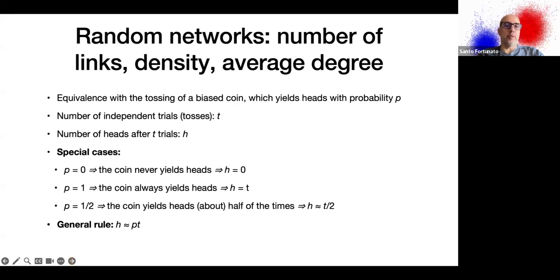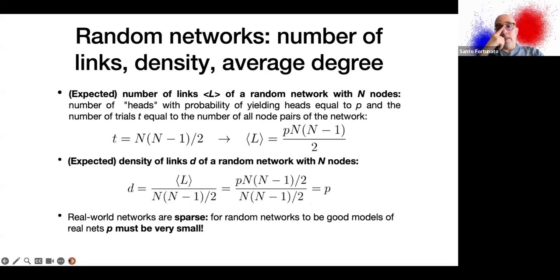This is what you get when you have a sequence of events which have only two possible outcomes with the same probability p, independent of each other. But this is what happens in the case of the random network here. So if you want to compute the expected number of links, I call it expected because you're supposed to average over all the possible configurations of the network generated by the model, not a specific instance, in which you can still have small deviations around these averages.